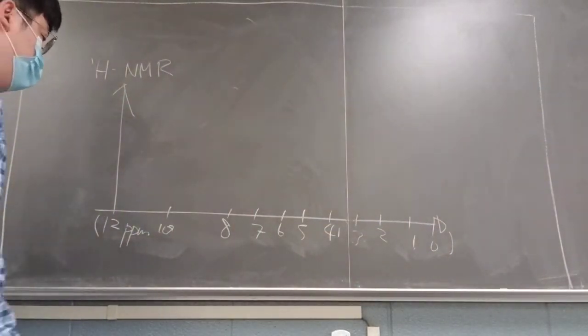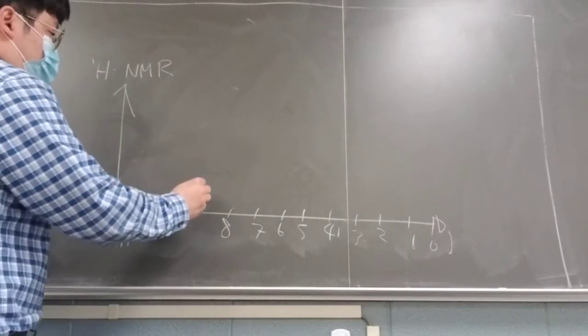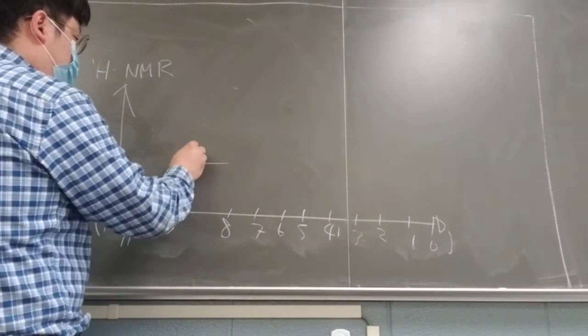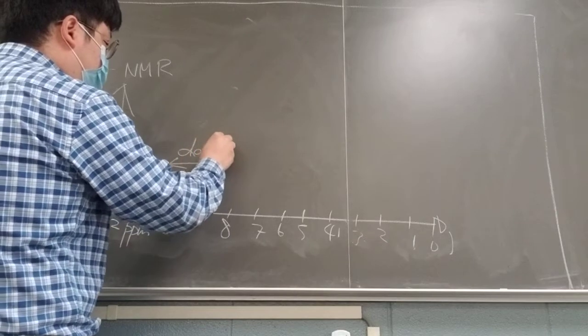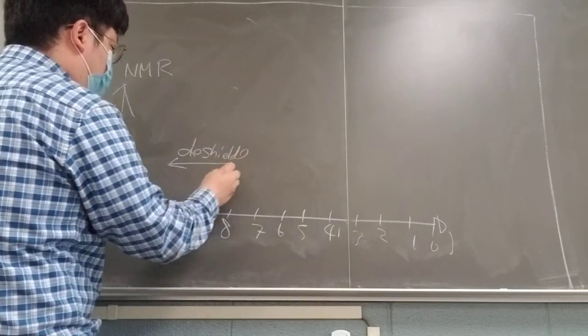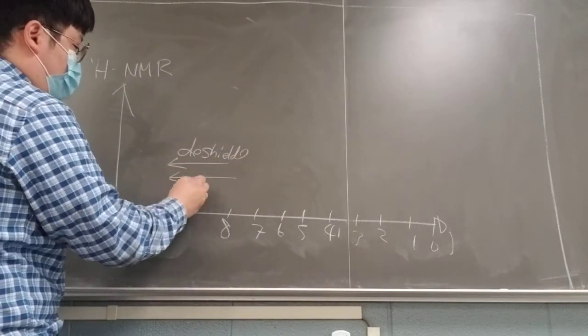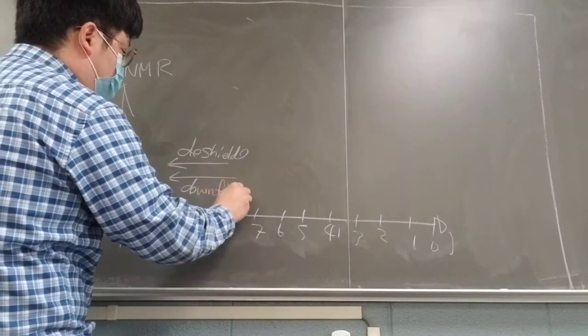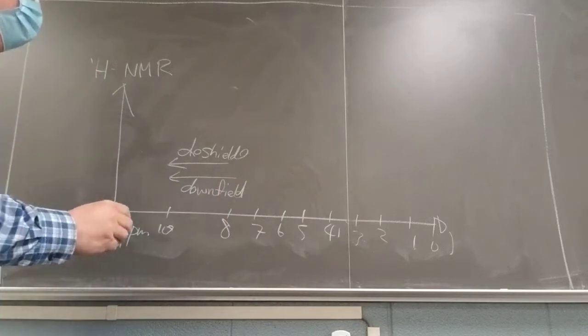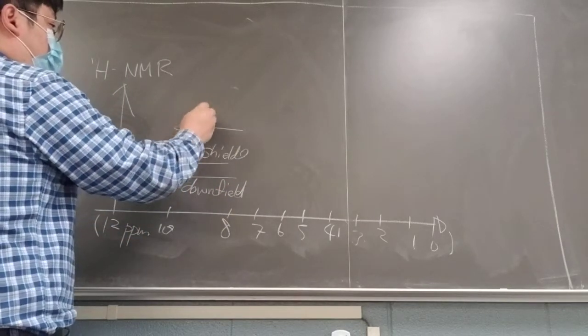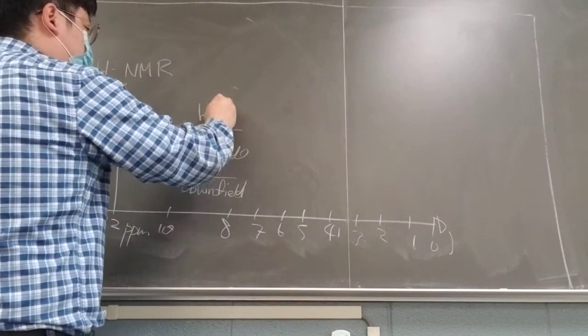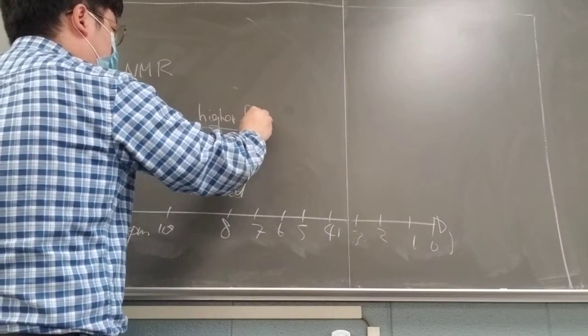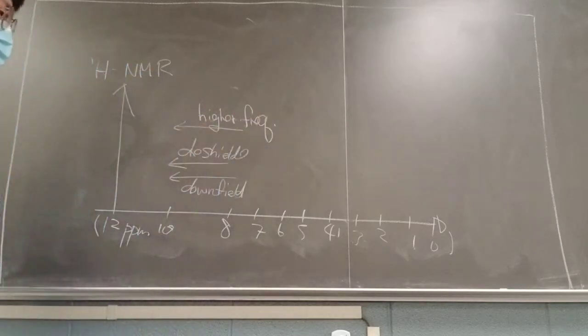Obviously you just need to know if it's more deshielded, you will get more onto the downside, which is on the left side, downfield. So then you need to have a higher frequency. This is what we need.